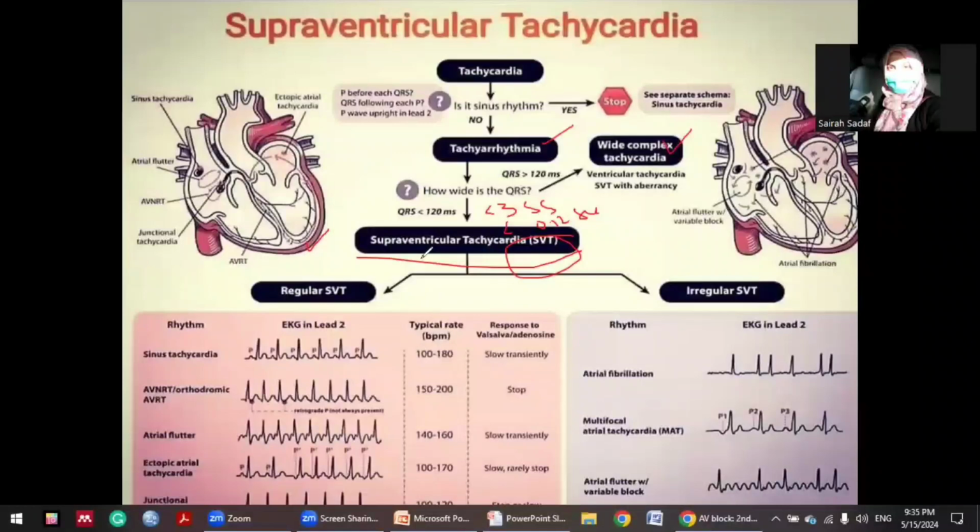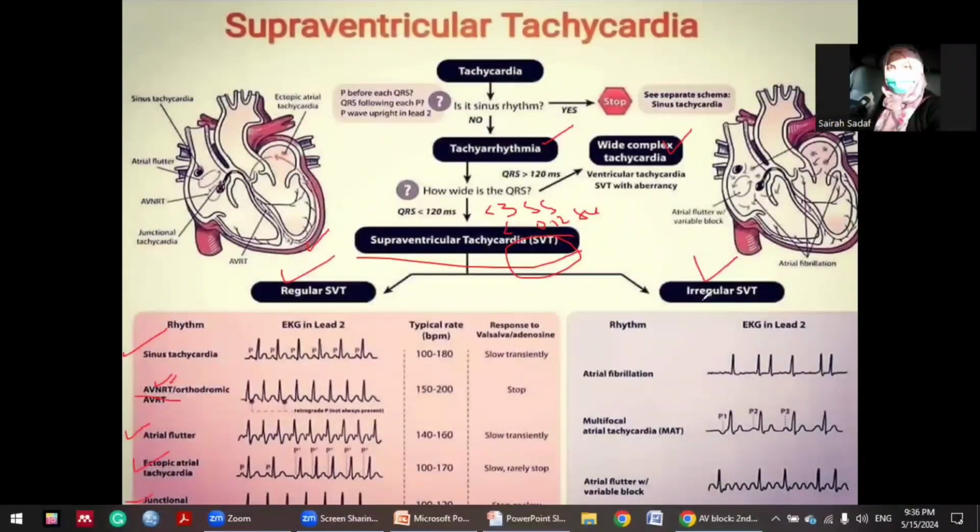Now among the SVTs, we have regular tachyarrhythmias and irregular tachyarrhythmias. Among regular SVTs, we have sinus tachycardia, and AVNRT, that is atrioventricular nodal reentrant tachycardia. We may have atrial flutter, ectopic atrial tachycardia, junctional rhythms.